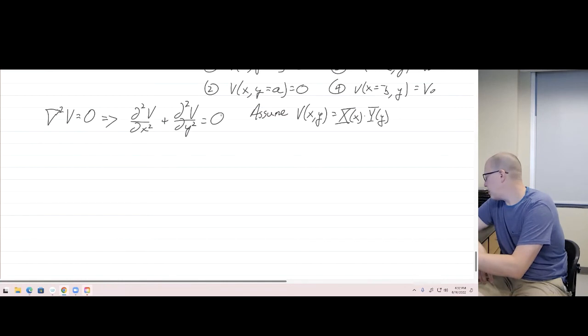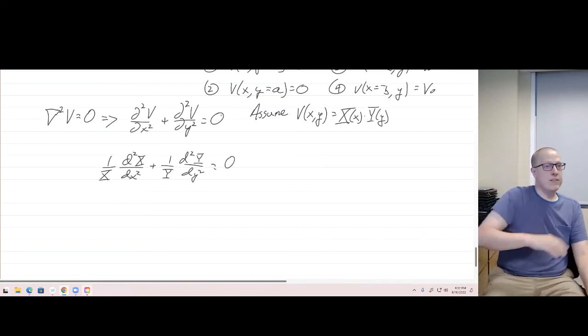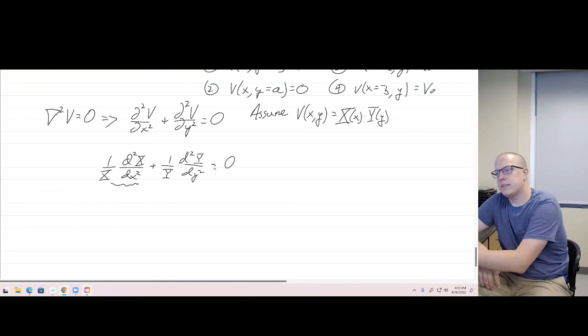And what we end up with is an equation that looks something like this. So we get something like that, right? And just like before, this stuff is x only, and this stuff is y only.